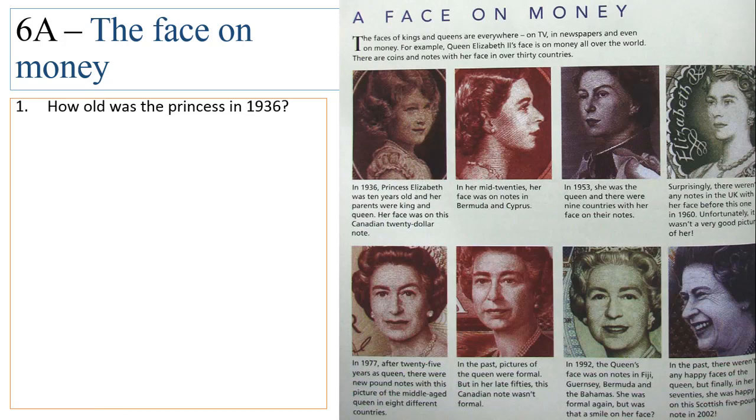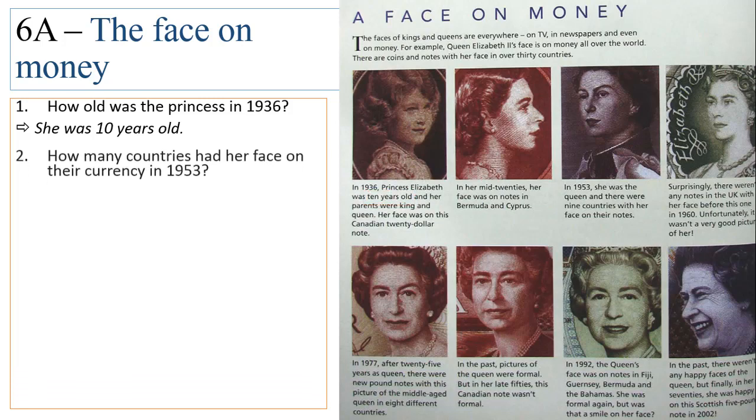The easiest way is to look for the number or the year, 1936. So in the reading you will see it's right here. And the question is how old, so the answer is here. So the answer for number 1, she was 10 years old.